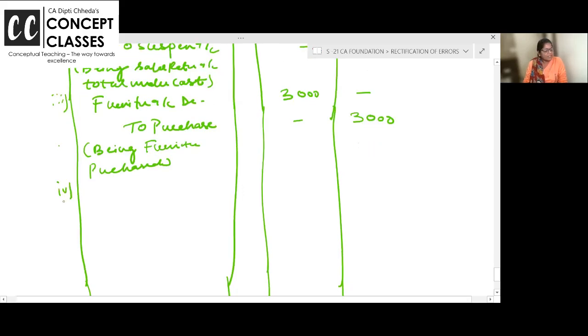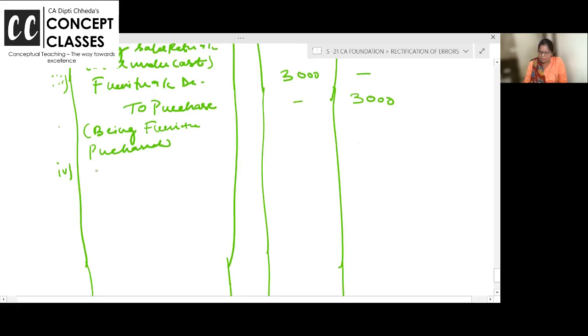Fourth. 3750 paid for wages to make a showcase debited in the wages account. Karo. This wages should be debited where again? Furniture account debit to wages account. I hope you all are having the book and doing it.